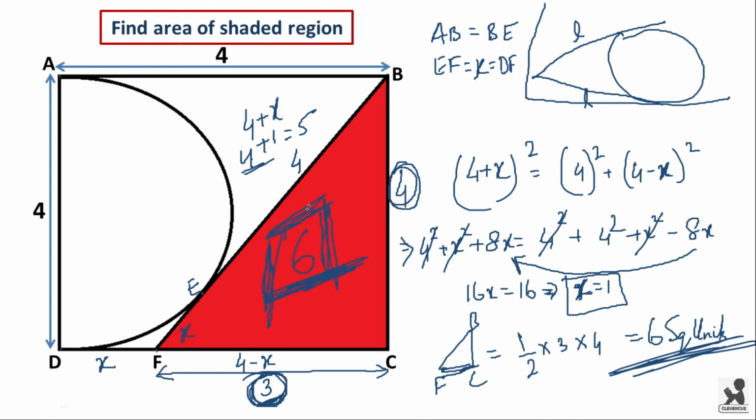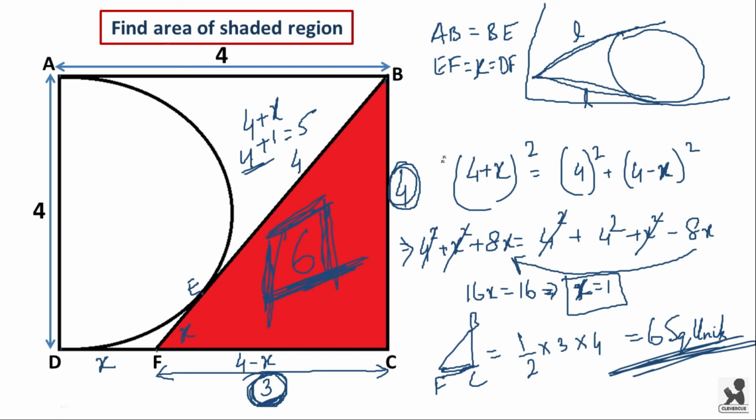I hope you understood. What we have done in this problem is, by using the concept that the tangents from a point to a circle are always equal in length, we have seen that AB is equal to BE and DF is equal to FE. And next we calculated the length of FC, that is 4 minus x, and since it is given that this is a square, the length of BC will be 4.